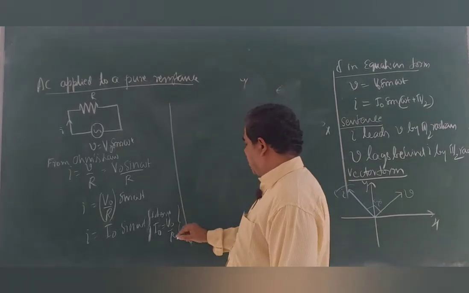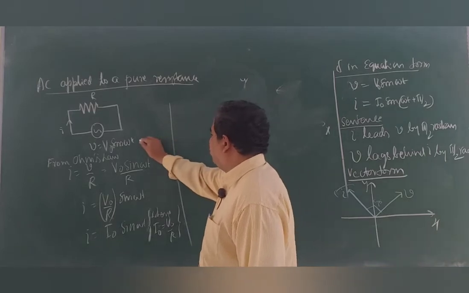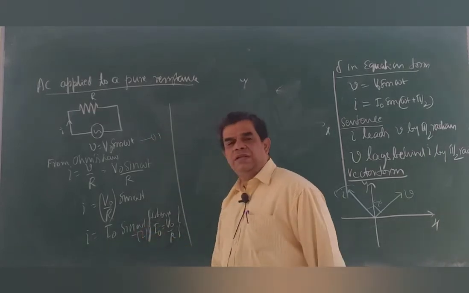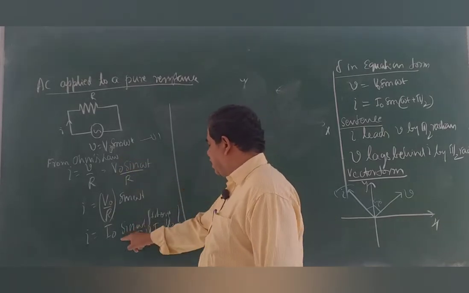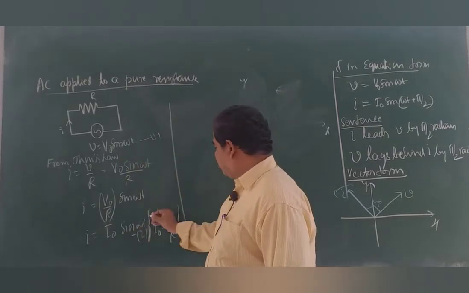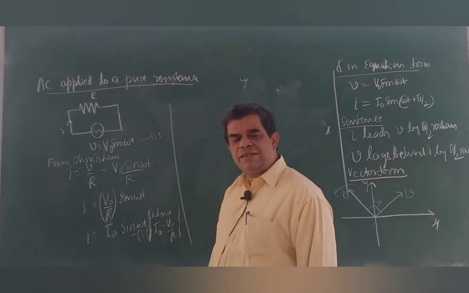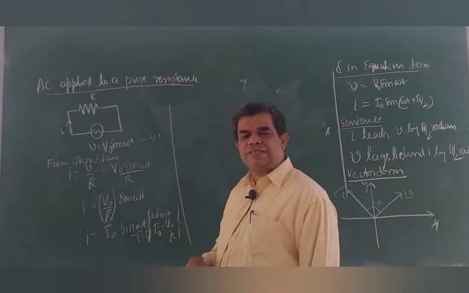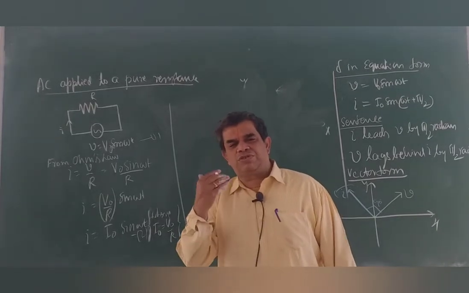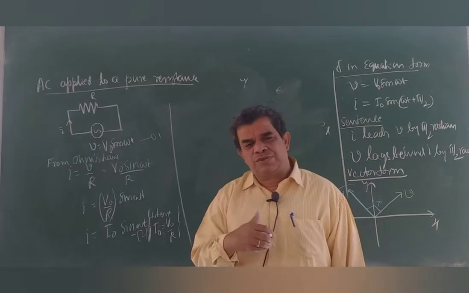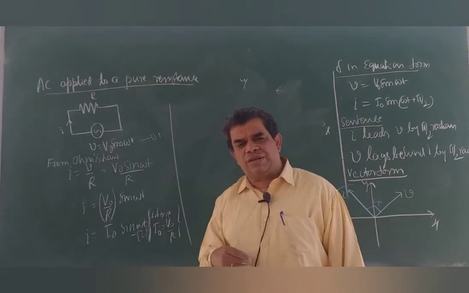Now, compare V naught sin omega t, equation 1, with equation 2: I naught sin omega t. There is nothing extra with omega t after sin. That means both of them are in phase. That means as voltage goes to maximum, current also goes to maximum. As voltage comes to minimum, current also comes to minimum.